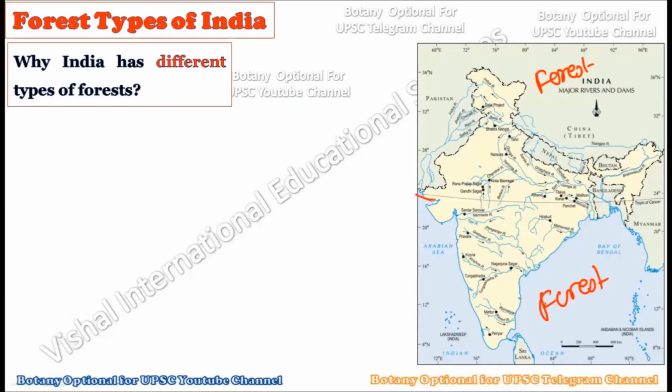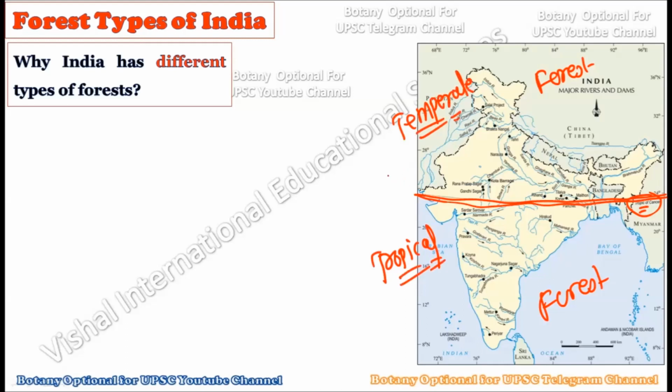As you know, the Tropic of Cancer goes exactly through the middle of India. See this portion right from here, exactly from the middle of India, this Tropic of Cancer is going. And as you know, if you are studying geography, whatever area is coming below the Tropic of Cancer is considered a tropical area, and above the Tropic of Cancer we have the temperate area. So that is why India is called a subtropical country.